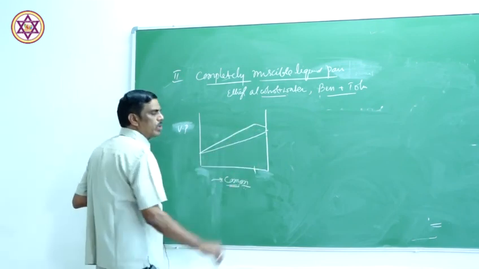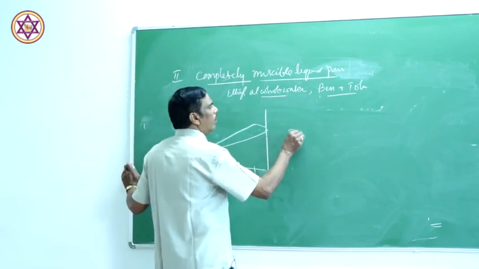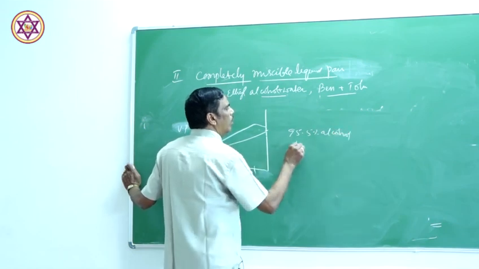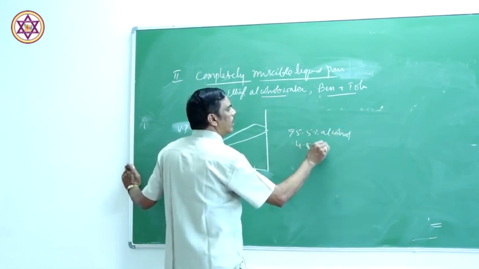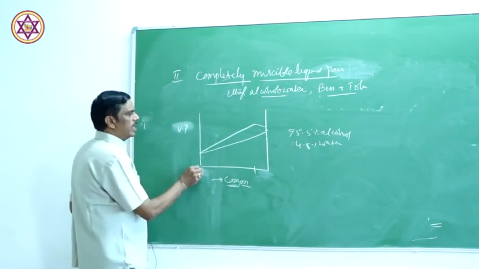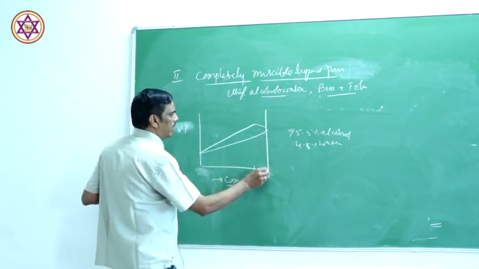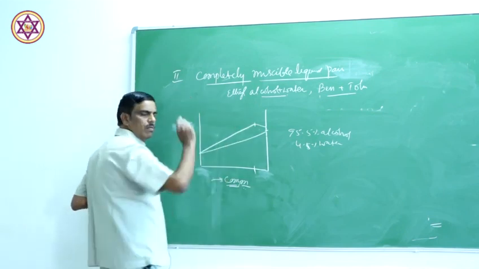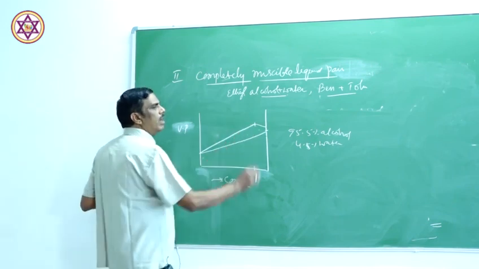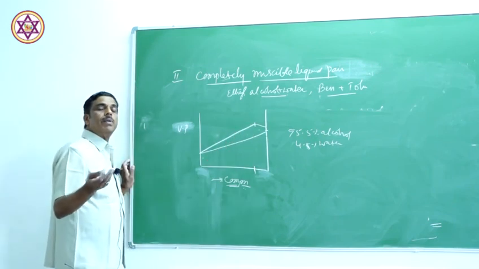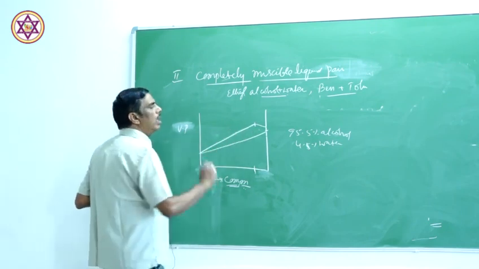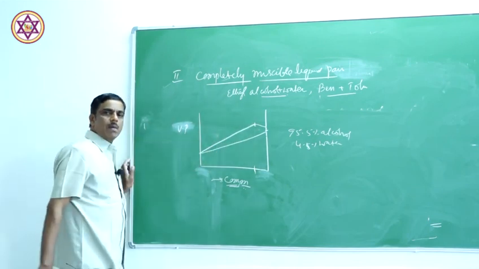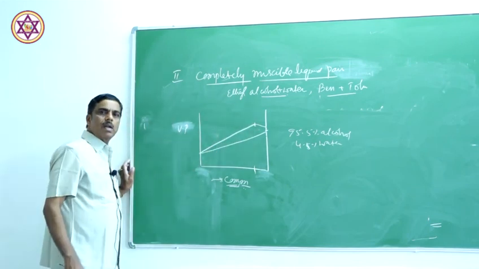This is the particular composition where 95.5% alcohol and 4.5% water. So this deviation is above the normal value. This is called positive deviation from Raoult's law. So this mixture, alcohol and water, deviates from Raoult's law. This deviation is above normal, therefore positive deviation from Raoult's law.